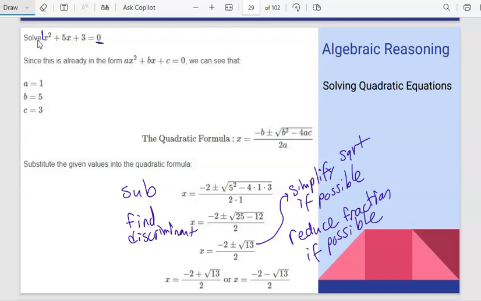Since it has a plus or minus symbol there, you have two answers, one where they're added and one where they're subtracted. Our two solutions are x equals negative 2 plus square root 13 all over 2, or x equals negative 2 minus square root 13 all over 2.